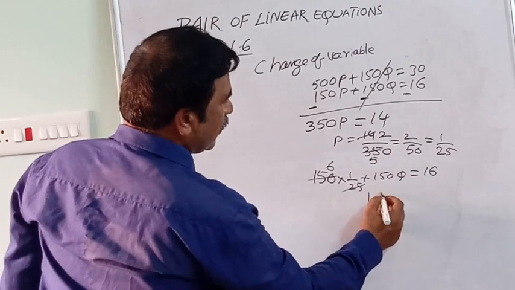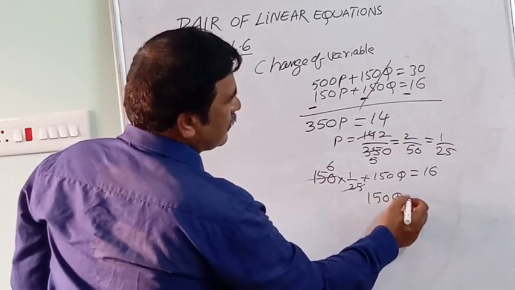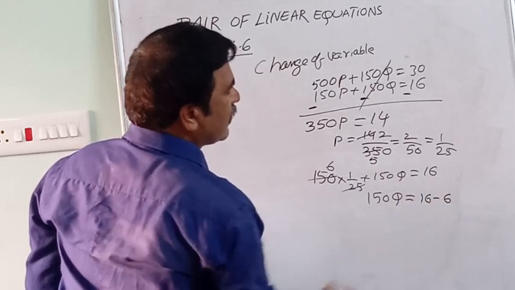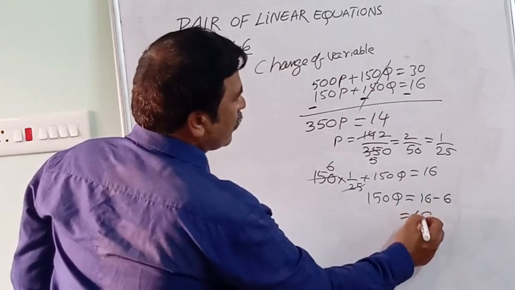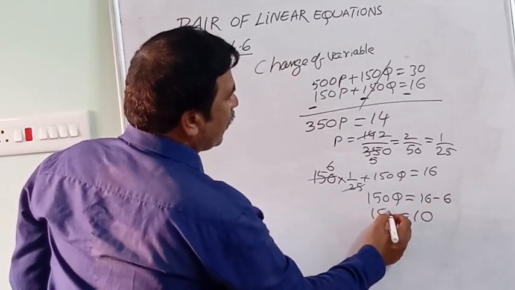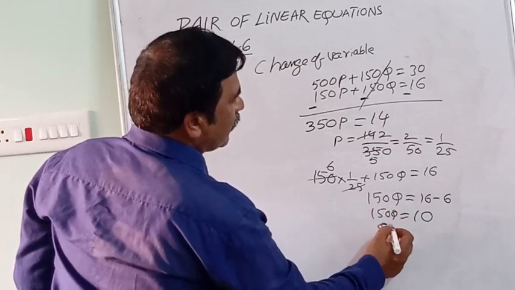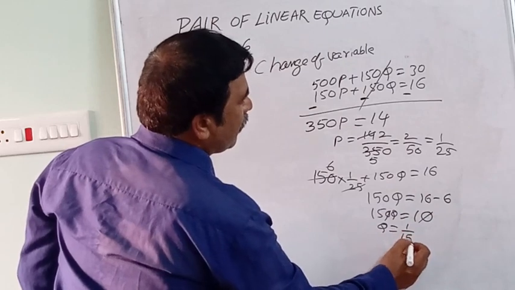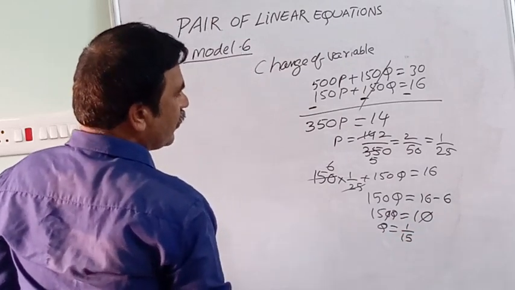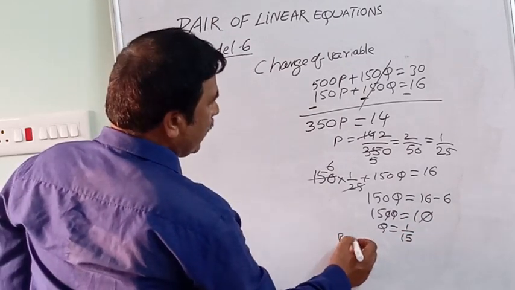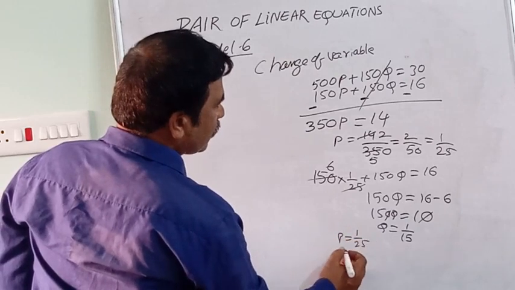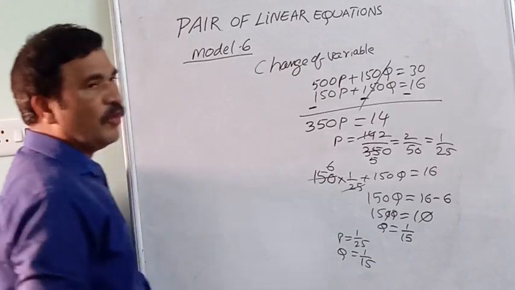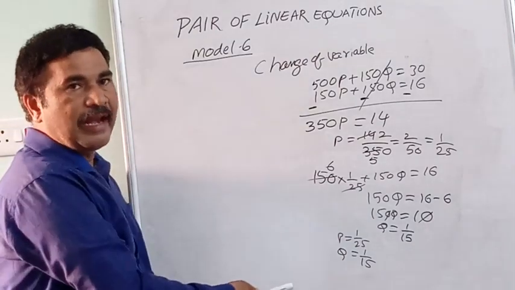Send that side, 150q as it is, 6 goes that side, it becomes 16 minus 6, which is equal to 10. 150q is equal to 10. Therefore, q is equal to 1 by 15, cancelling the 0. Now you have the values: p is 1 by 25, q is 1 by 15. In terms of p and q, you got the values.